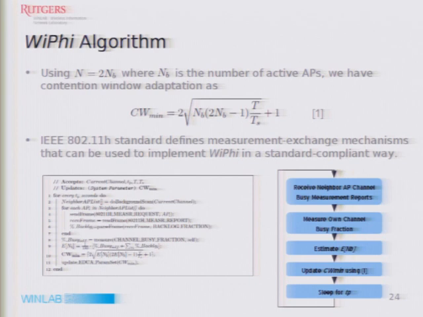So each access point finds its neighbors' busy fraction, and uses that to come up with an estimate of the number of active access points. You can have 5 access points, but if they're not utilizing the channel at all, then you shouldn't take them into account. Once you have that information, you come up with an estimate of the number of active access points, plug it into the formula, and set the CW mean value.